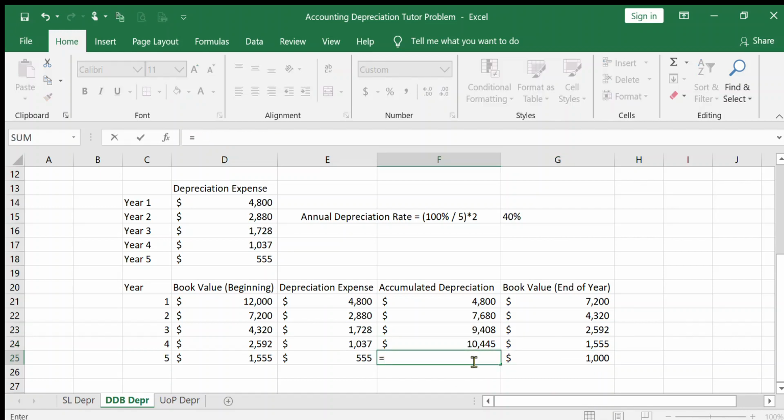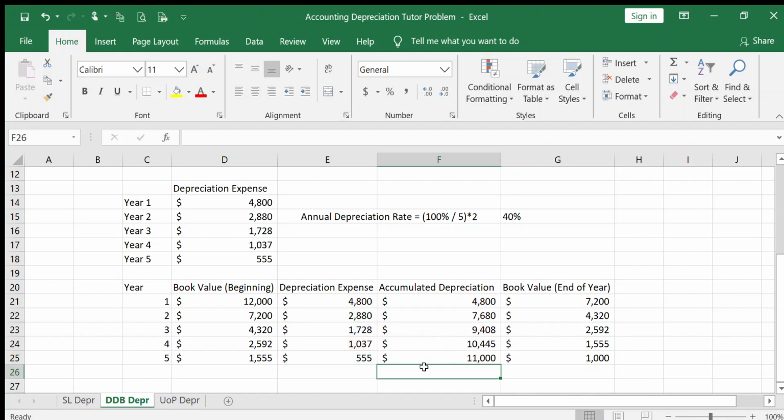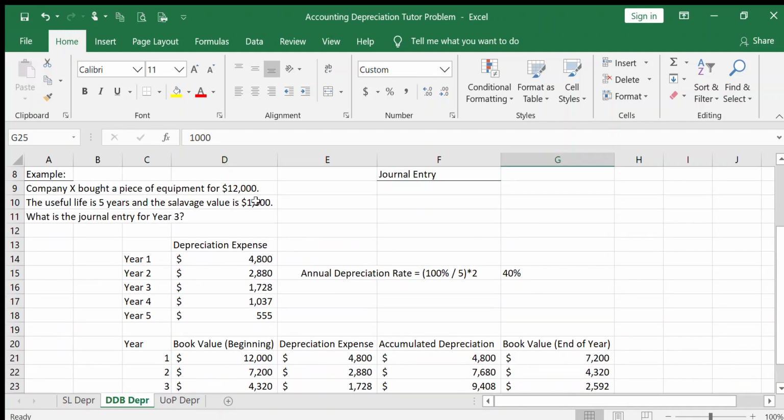Then, to get our accumulated depreciation for all 5 years, we just add up each of these years, which gives us $11,000, which again makes sense. We had $12,000 at the beginning, and now we've accumulated $11,000 of depreciation, leaving us with $1,000, which is what our salvage value was in the problem.